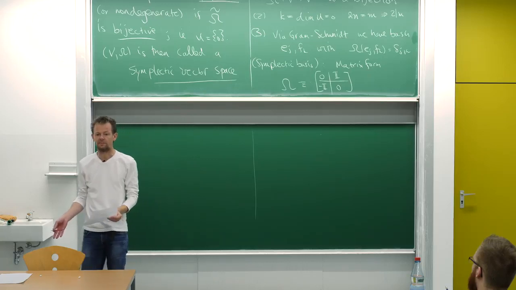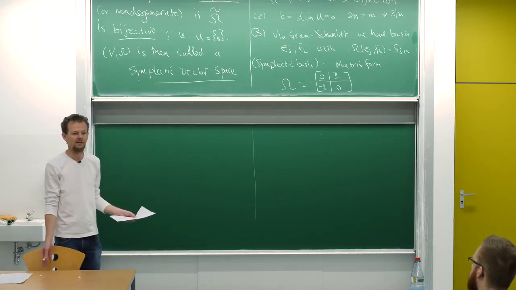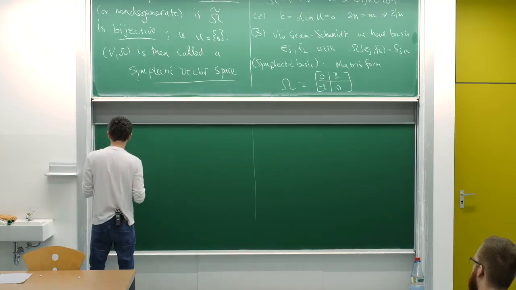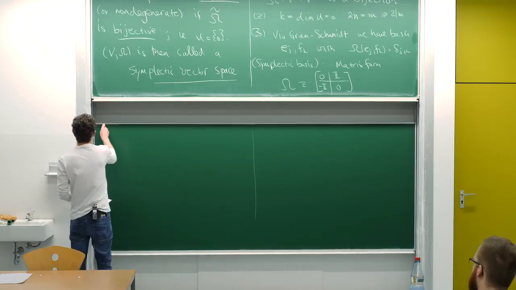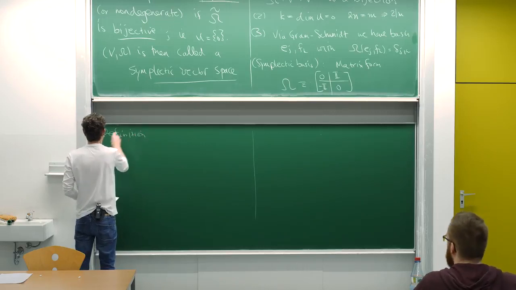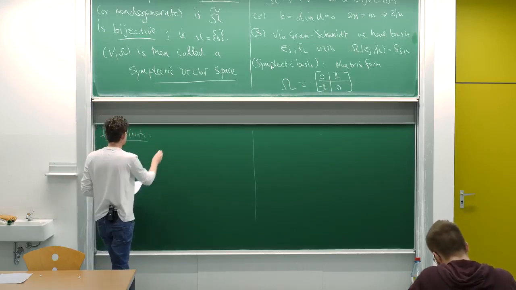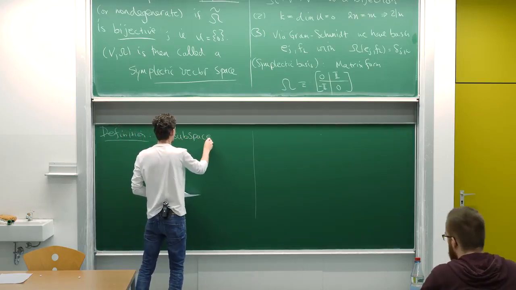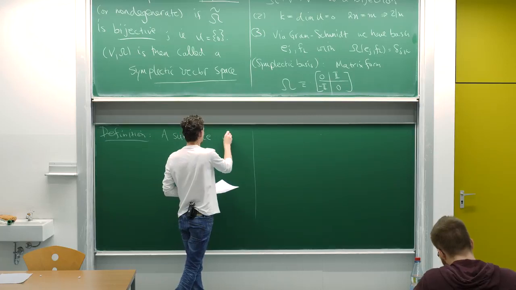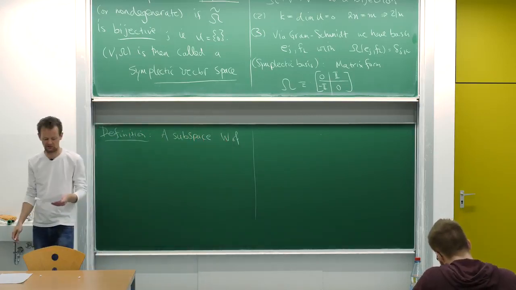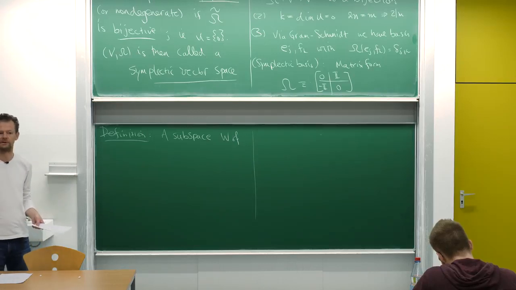But for symplectic vector spaces, it turns out not all subspaces are alike. There are some subspaces that differ from other ones. For example, you could have a subspace of a symplectic vector space that is, well, also a symplectic vector space.